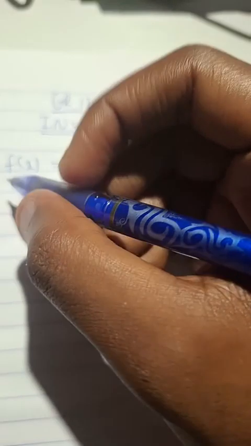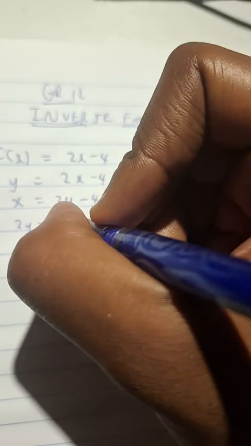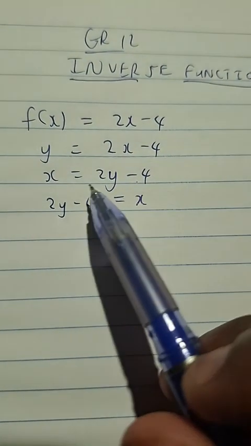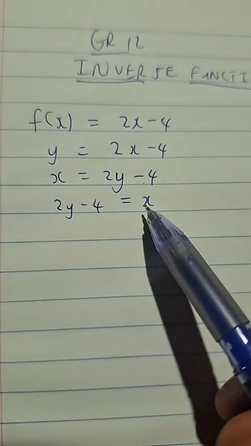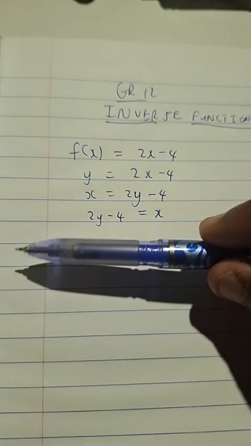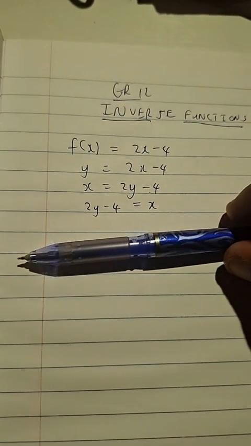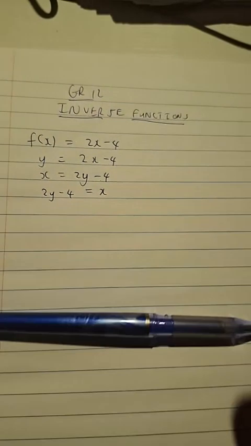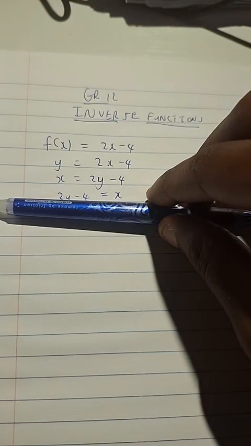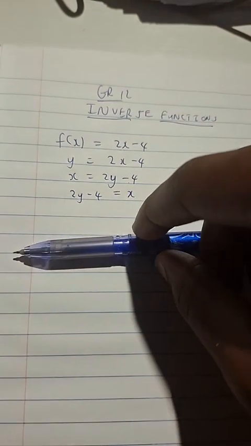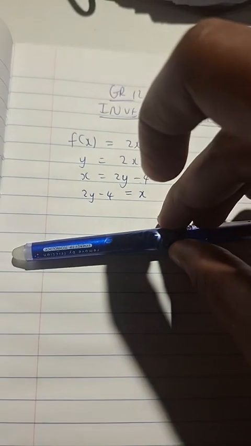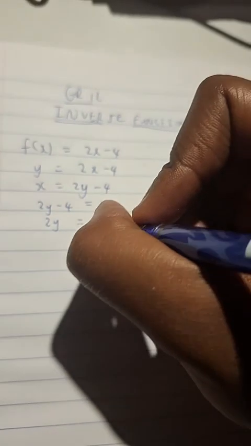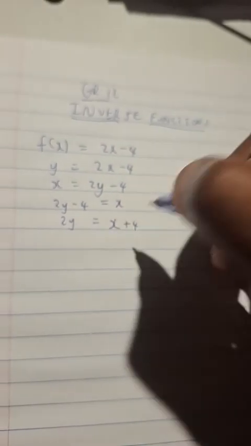Then we try and make y the subject of the formula. So x is equal to 2y minus 4 is the same thing as 2y minus 4 is equal to x. All I did is turn it around, so what was on this side is now on the other side. Does that make sense? Then I can make y the subject, so I transpose the minus 4 and get plus 4.